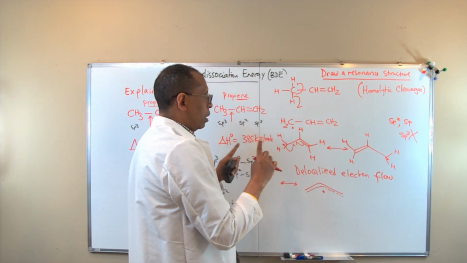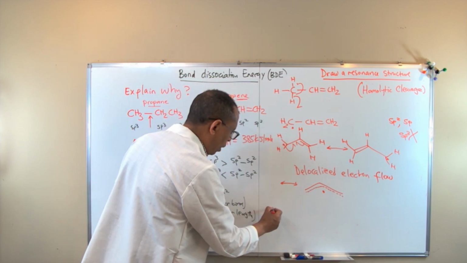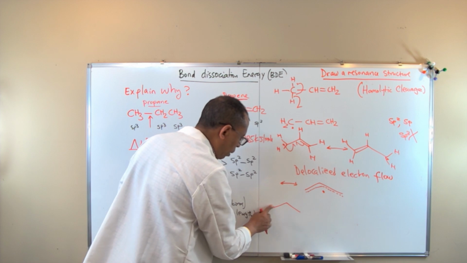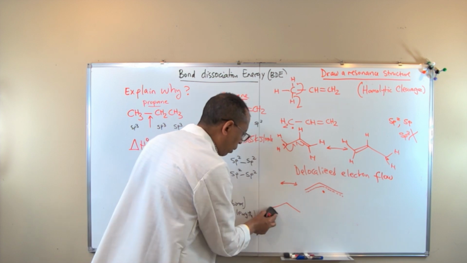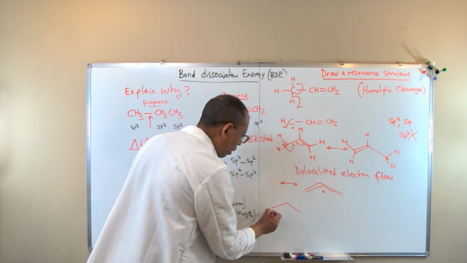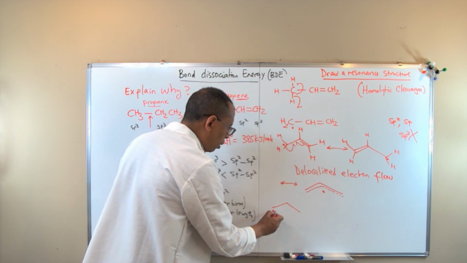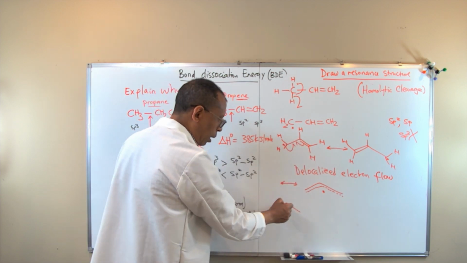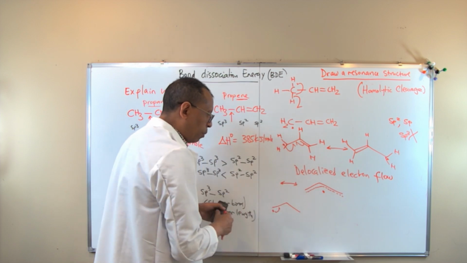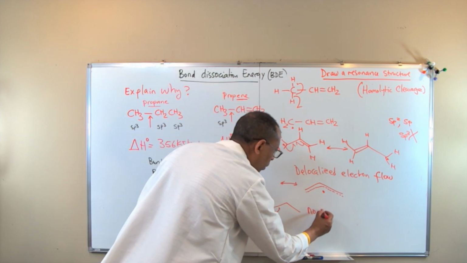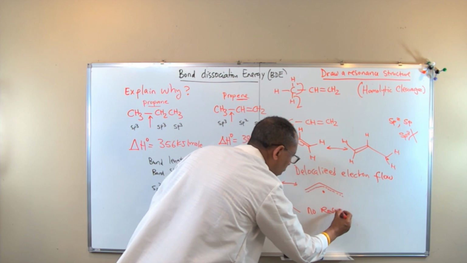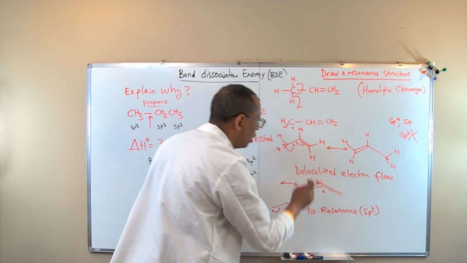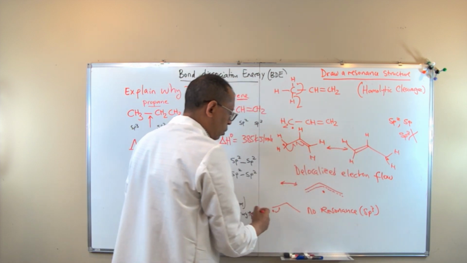So rather than that, for example, if you have an sp3 hybridized carbon, saturated, and you have a radical formed here, you cannot push this electron to this. There should be a pi system that also interacts with that. So no resonance with an sp3 system. You need a pi system, an sp2 system.